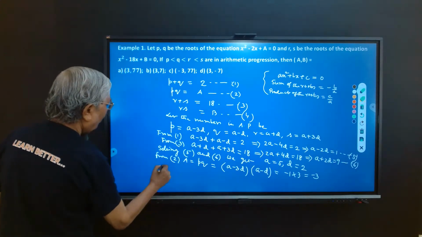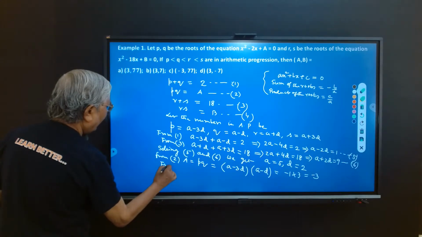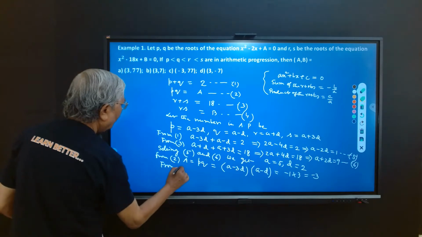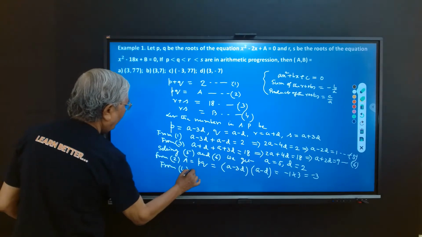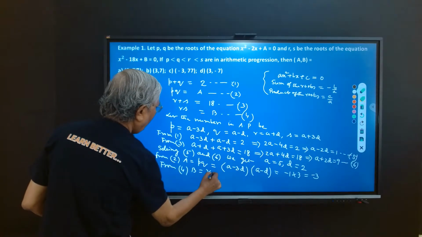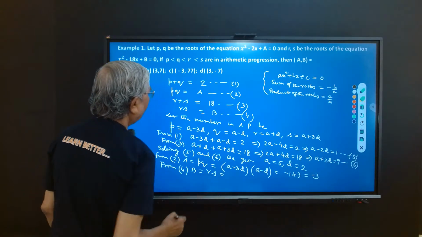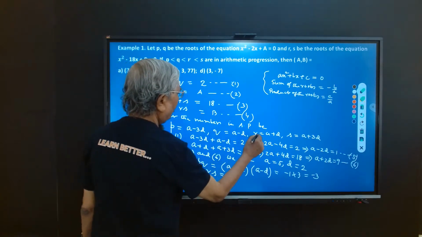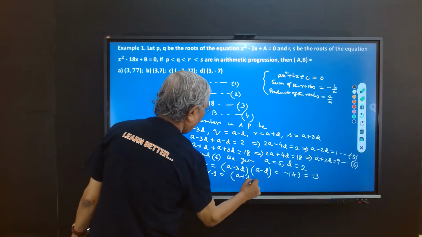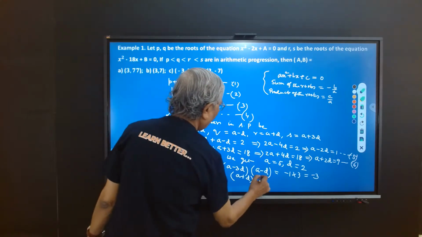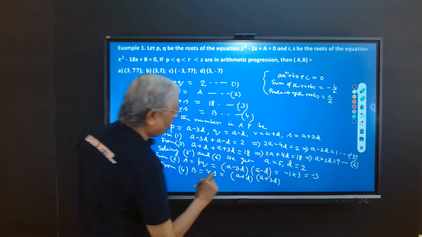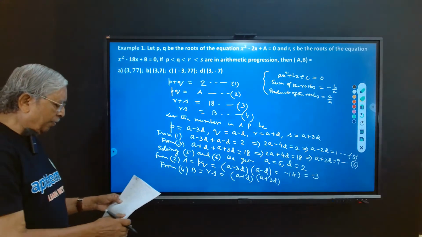What is our B? From 4, B equals r into s. What is our r? a plus d, into s, which means a plus 3d. So a plus d into a plus 3d.